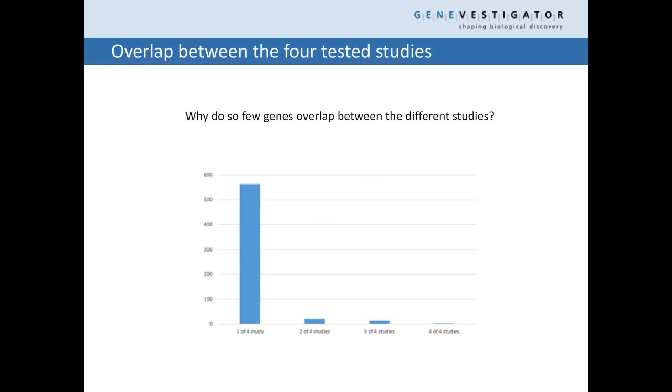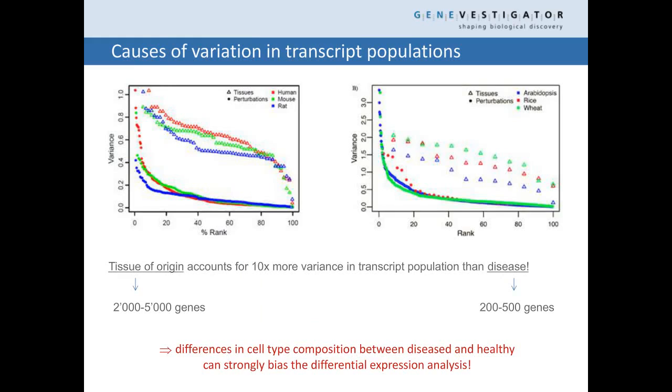So why do so few genes overlap between the different studies? This is a phenomenon that we have observed not only in Crohn's disease, but also in several other diseases where you compare diseased samples versus healthy controls. One hypothesis is that the tissues harvested don't have the exact same cell type composition.